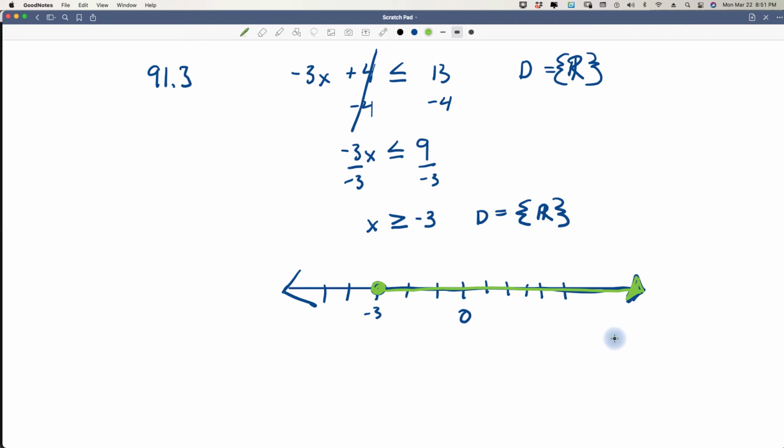All right, let us move on. Let's see if there's another one. Nope, that's all for the statements of inequalities.